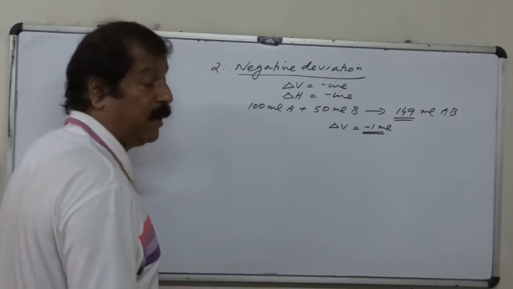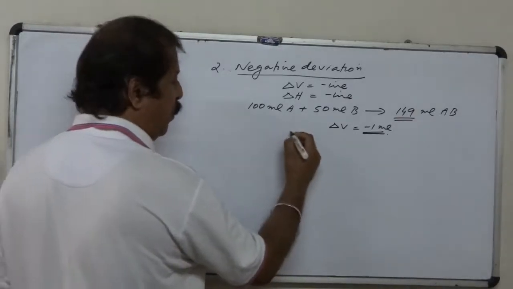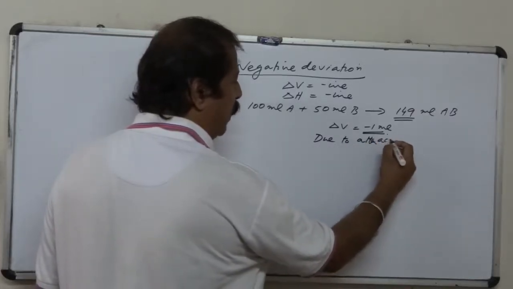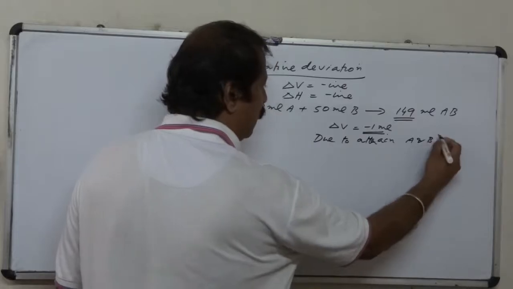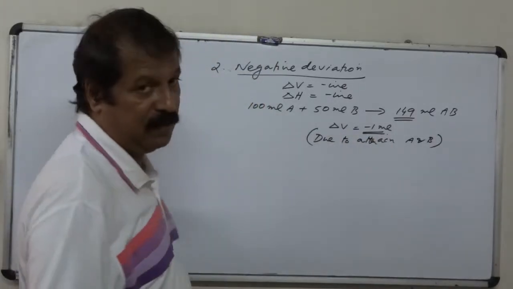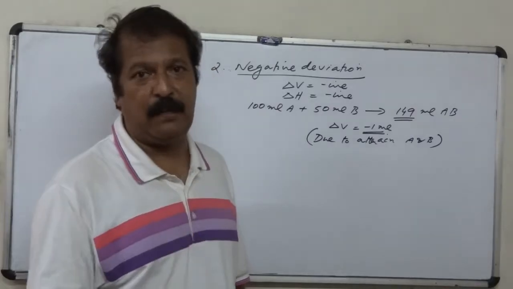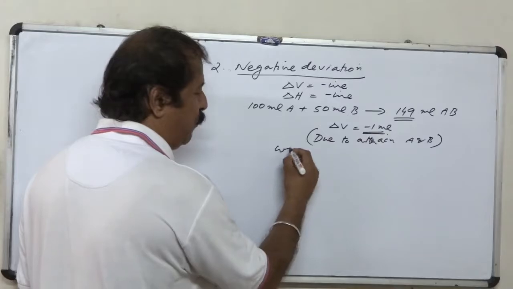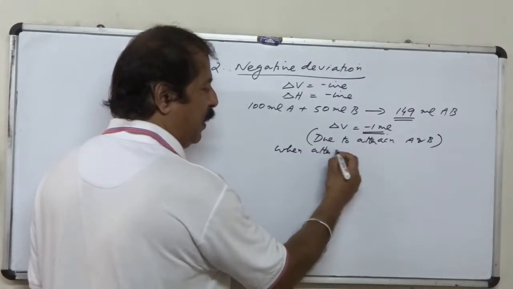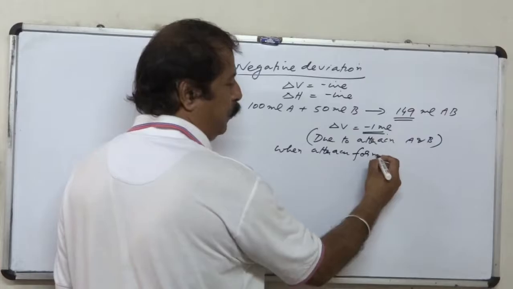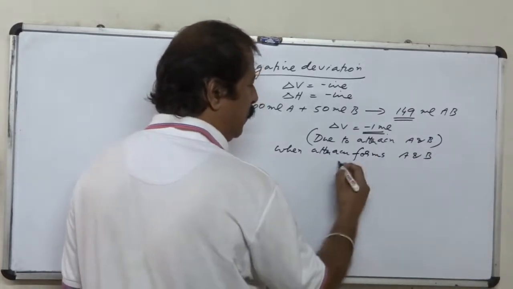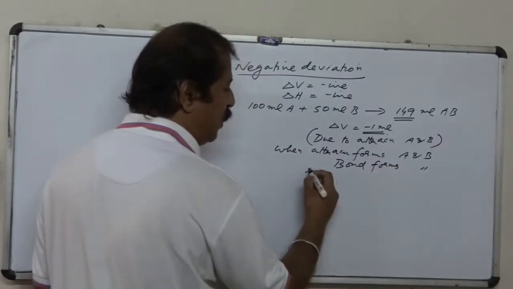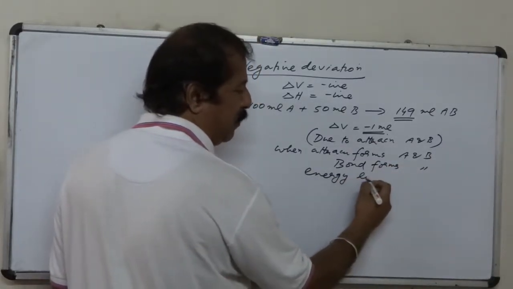Why does the volume decrease? Due to attraction between A and B. Whenever an attraction forms between A and B, attraction means a bond. It may be a chemical bond, it may be a weak force, it may be a strong force. Whatever the bond, when it forms between A and B, energy will be liberated, or released.